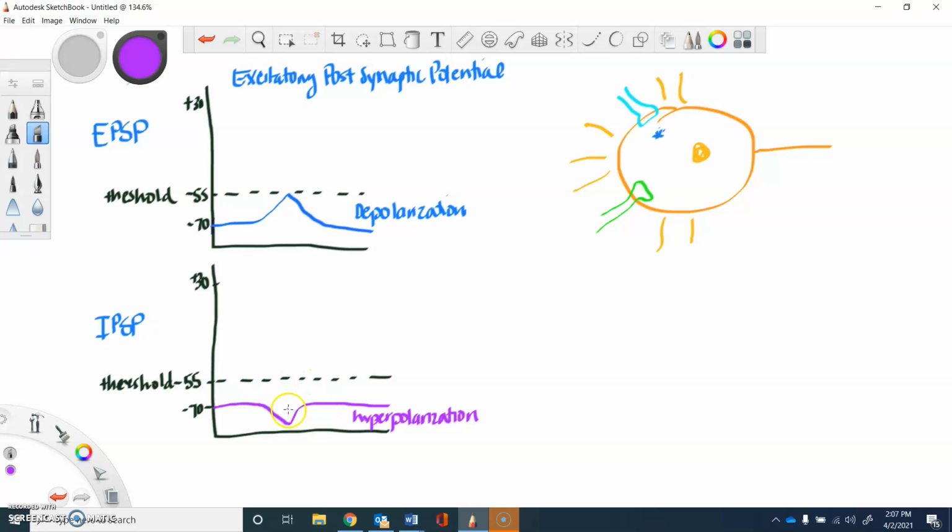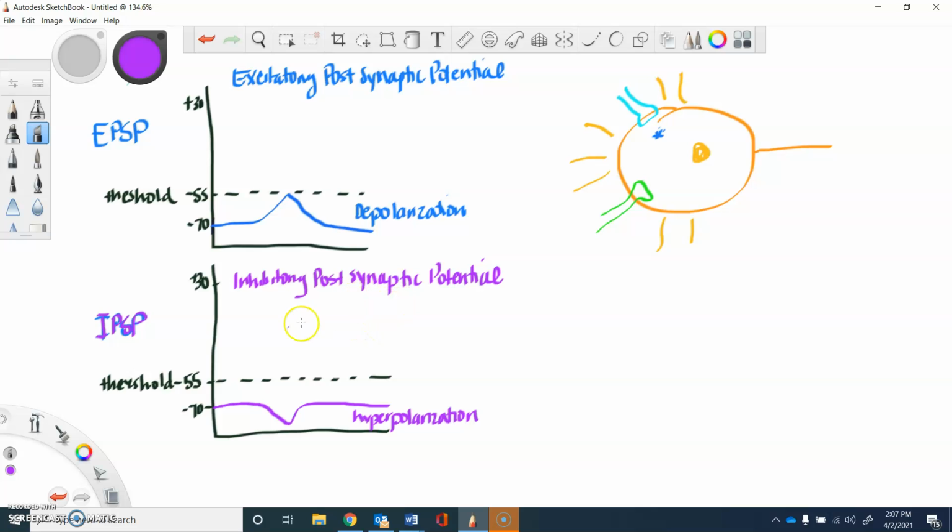It's going away from threshold. Again, we call this an IPSP, or inhibitory postsynaptic potential.